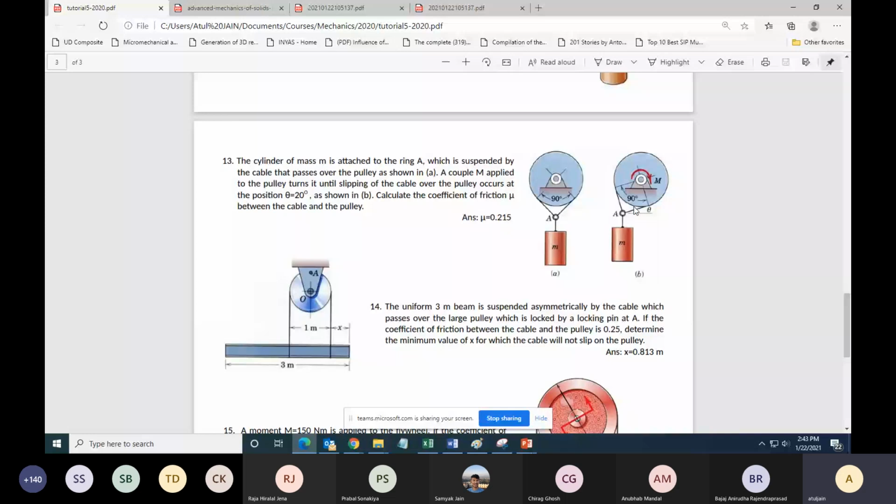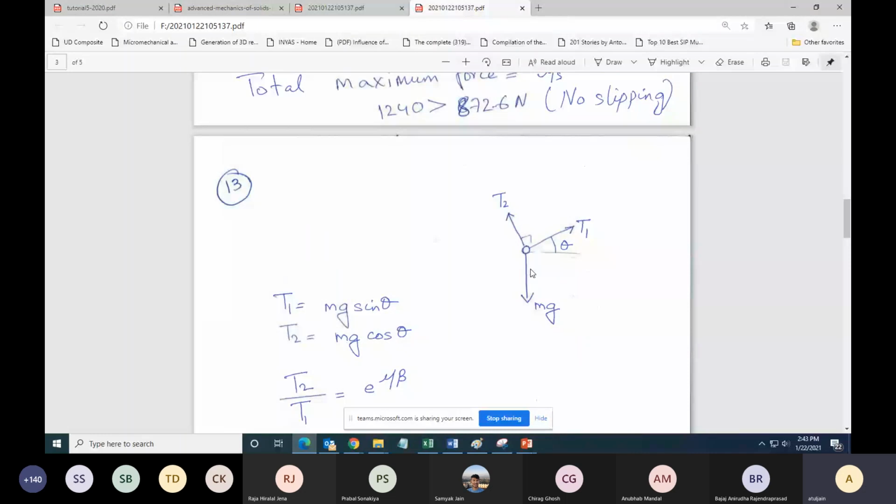For that, we have to draw the free body diagram of this ring at A. It will come out to be something like this: T2, T1, mg. This angle theta is given. So can you solve for friction?